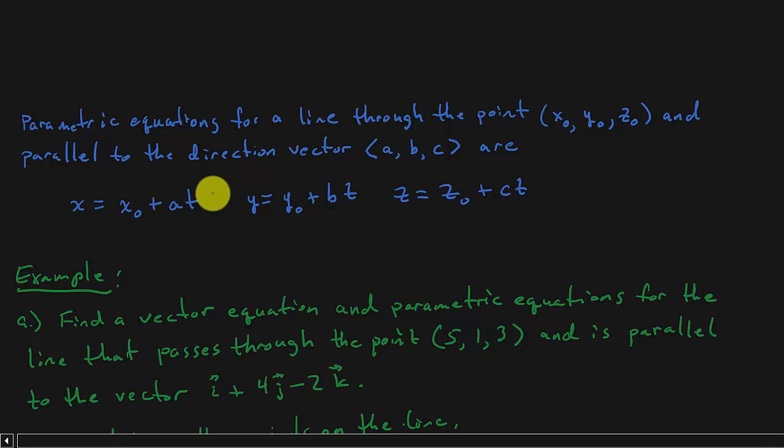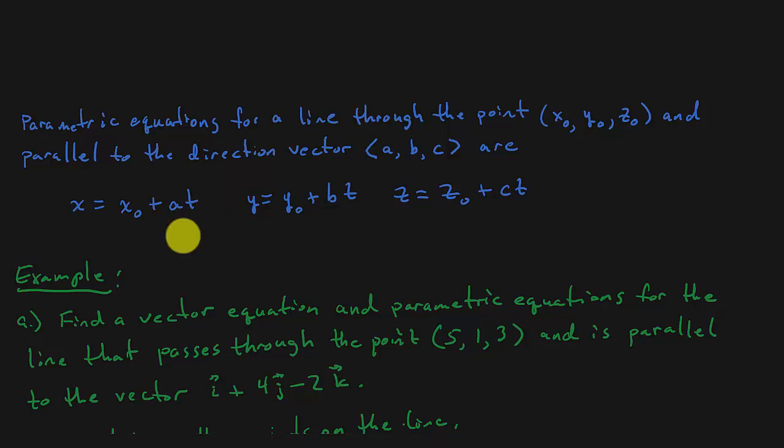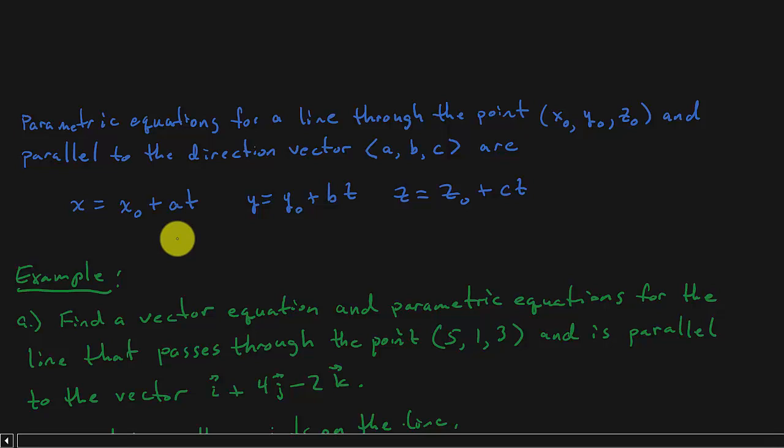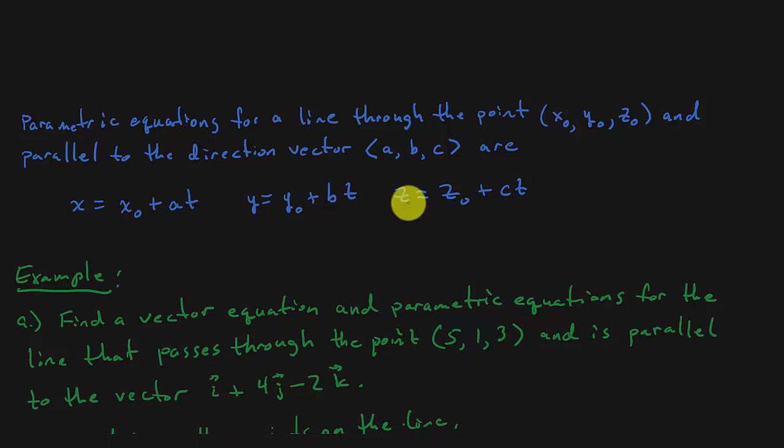Okay? And so the direction vector that's parallel to the line, the components, that's the coefficients of t, and the point on the line, that's the x0, y0, z0. All right, so let's now look at some examples.